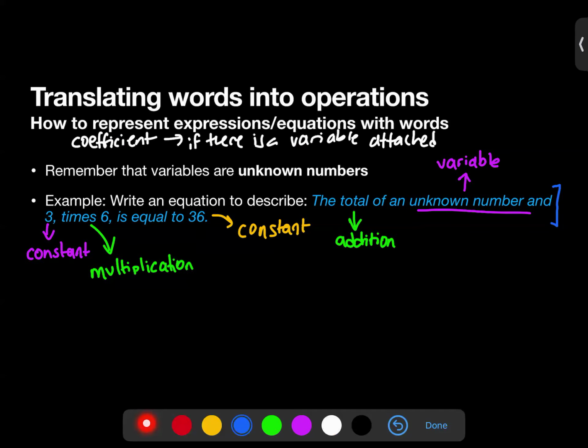So now let's turn this into mathematical terms. So first we have to recognize, is this an expression or an equation? Can anyone tell me?